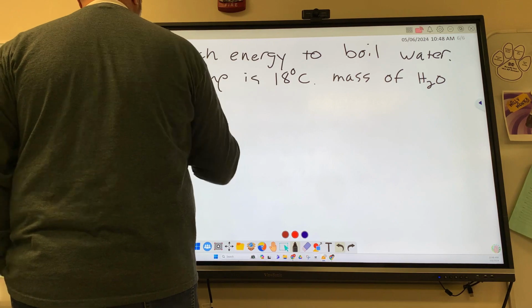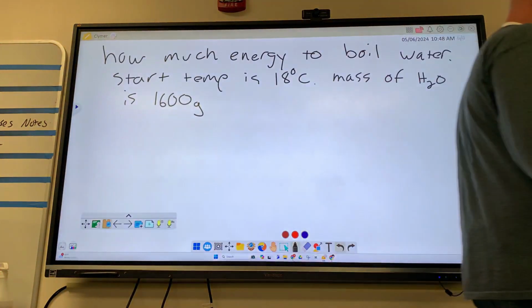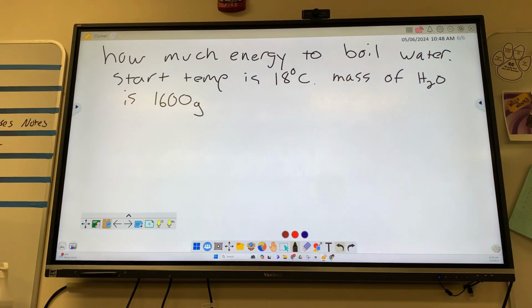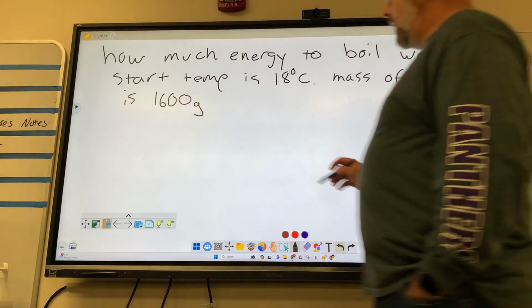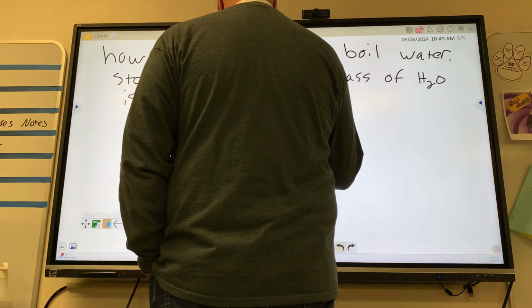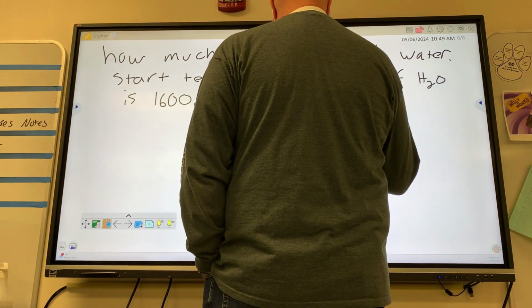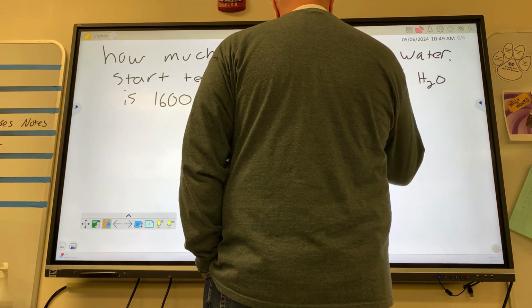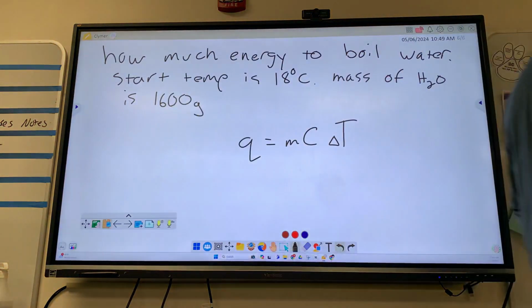We're going to say 1,600 grams of water. Solve for, I will write this out. Q equals MC delta T. Solve this problem.